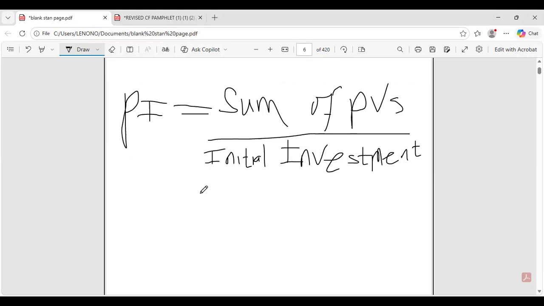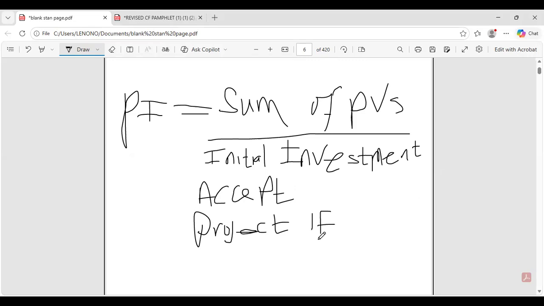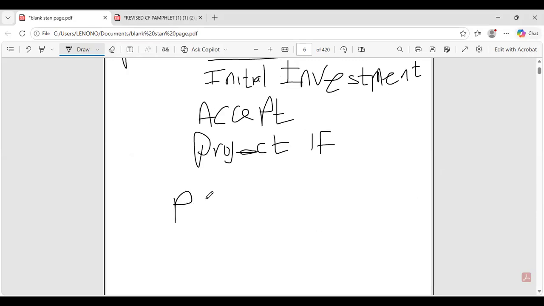Accept the project if PI is greater than 1; otherwise, reject the project.